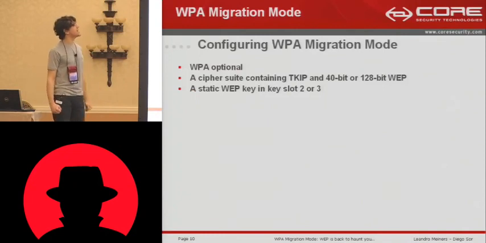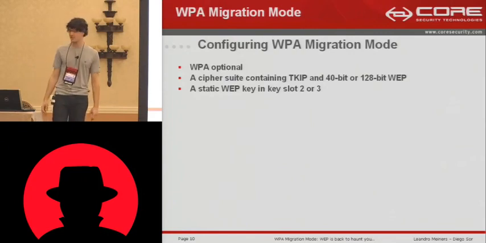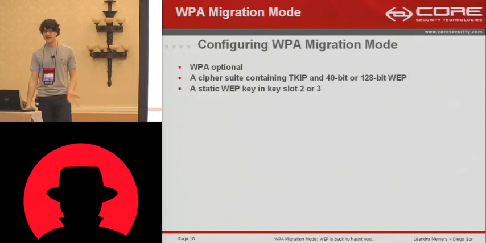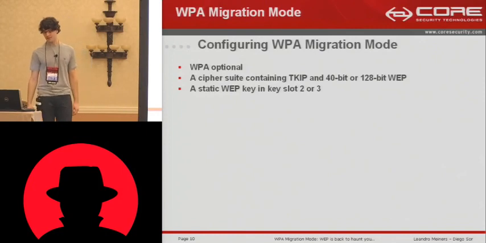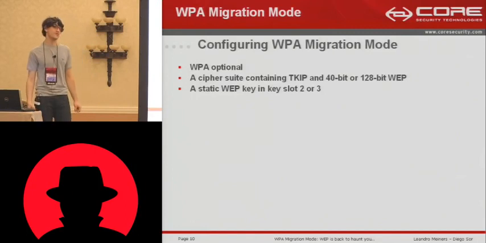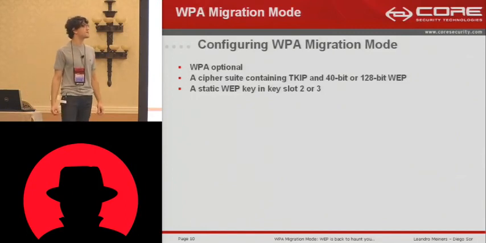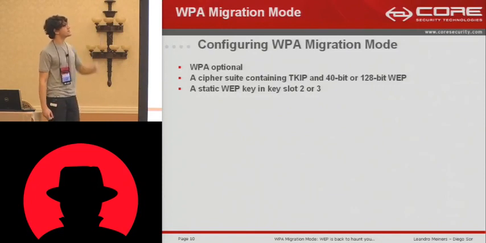WPA became optional, from Cisco's documentation: a cipher suite containing TKIP and 40-bit or 128-bit WEP configuration, and a static WEP key in key slot 2 or 3. This is one of the differences we find with the typical WEP configuration, because it is a requirement to put the key in slot 2 or 3.